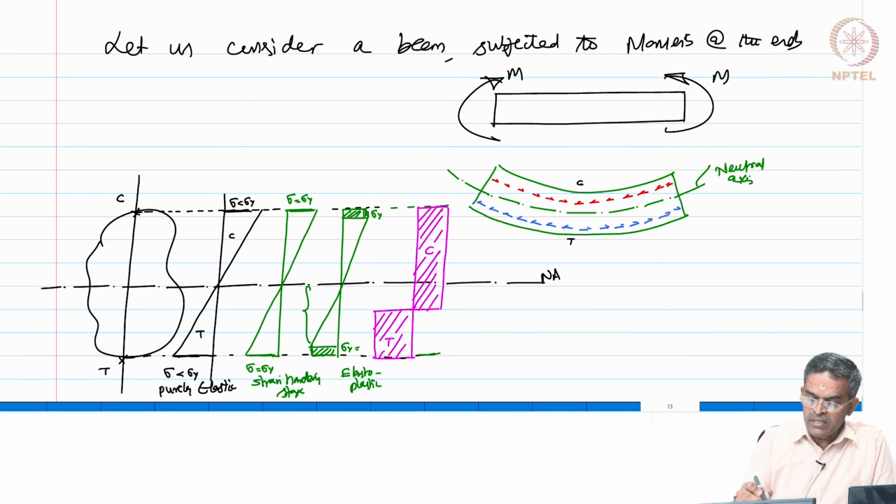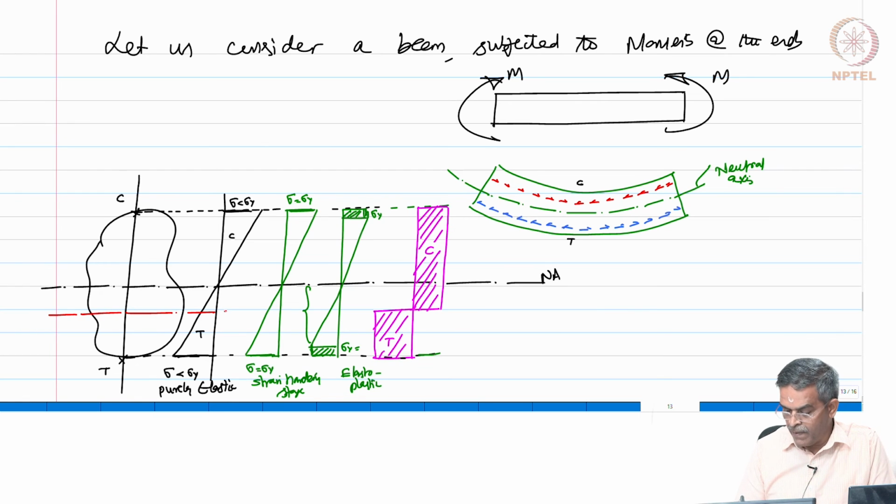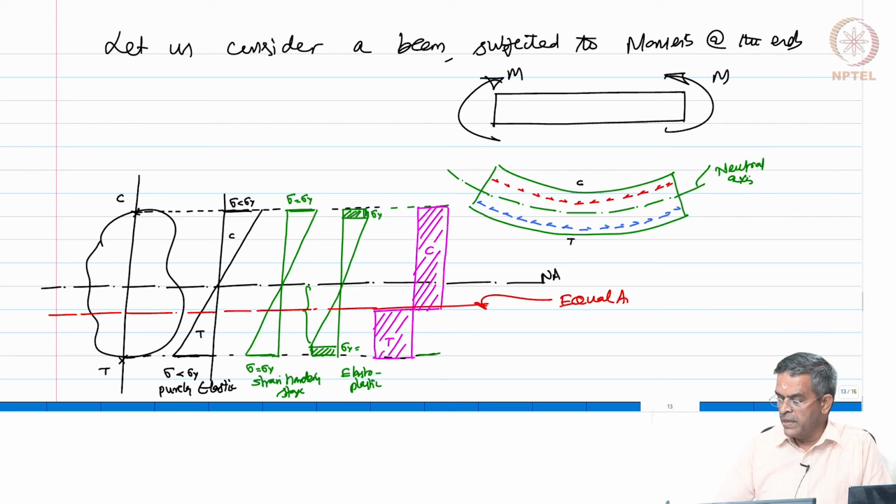Now, a new axis is being formed here. We call this the equal area axis, which means that above this line the compressive force is equal to the tensile force.